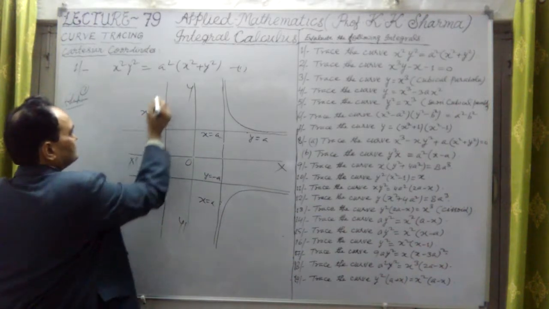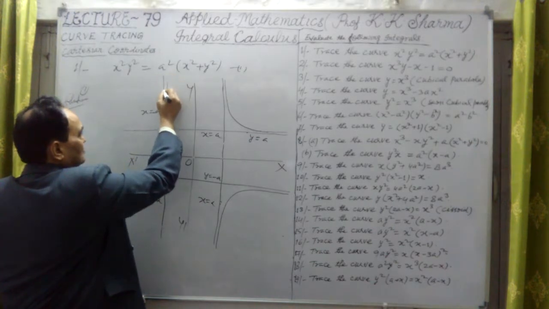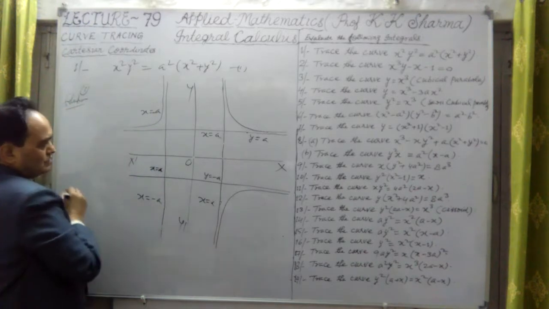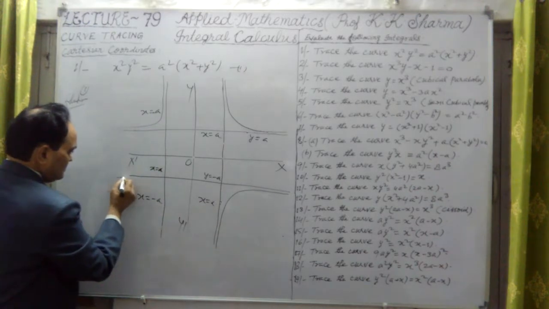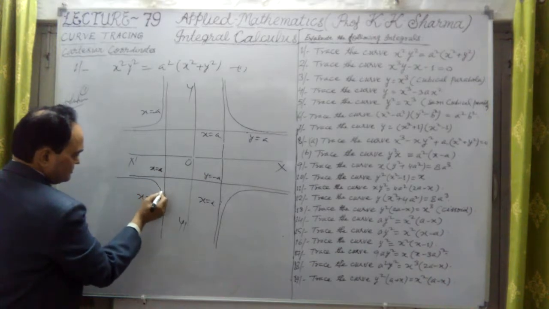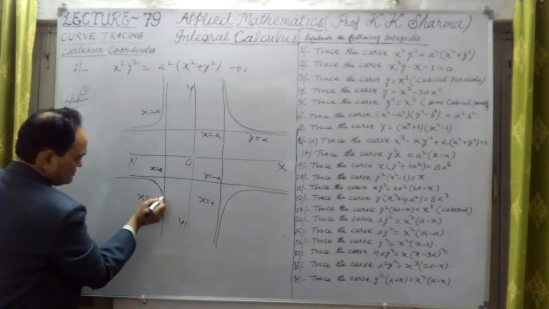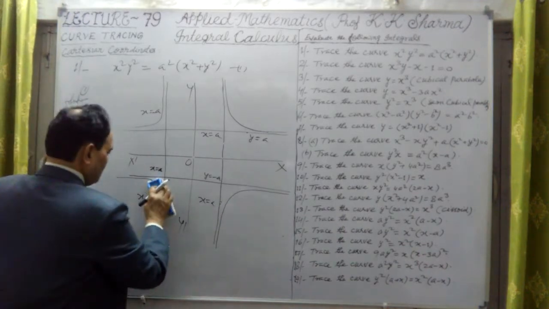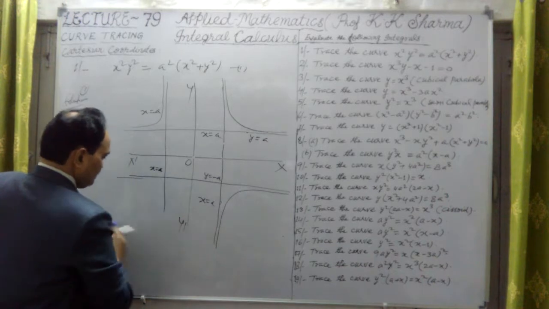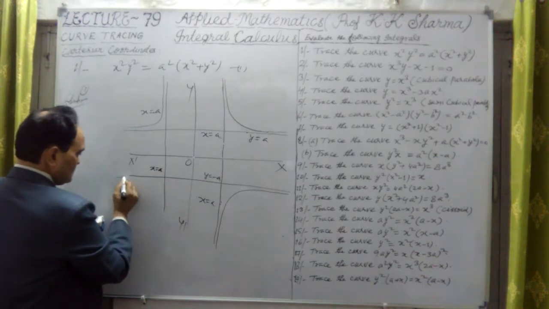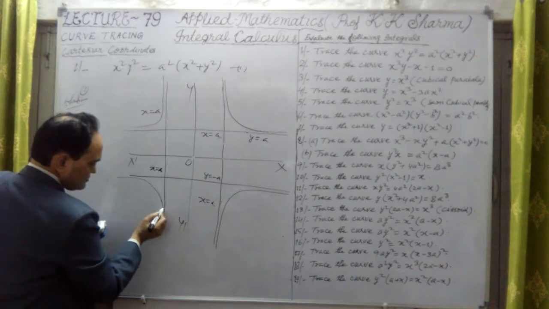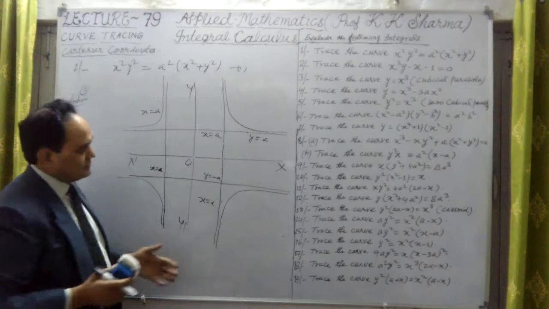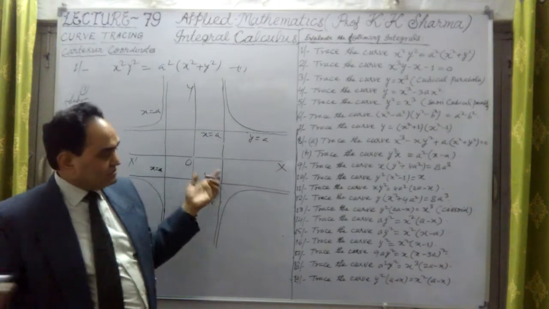Similarly in this case, if I draw one asymptote here also, okay, so this is the tracing of the curve in this situation. I'm sorry, let me draw this clearly. Okay, so this is the curve tracing of this kind of figure.